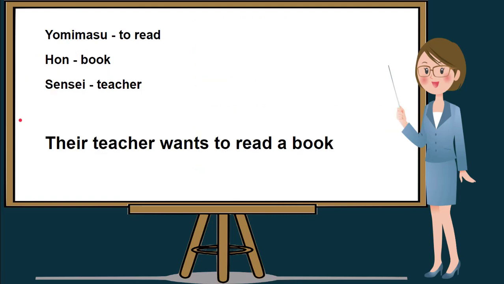In this slide, we will be having some exercises. You'll be translating this sentence in Nihongo, but I'll be giving you these words as your reference. Yomimasu, which is to read. Hon, which is book. Sensei, which is teacher. So in this sentence, their teacher wants to read a book.